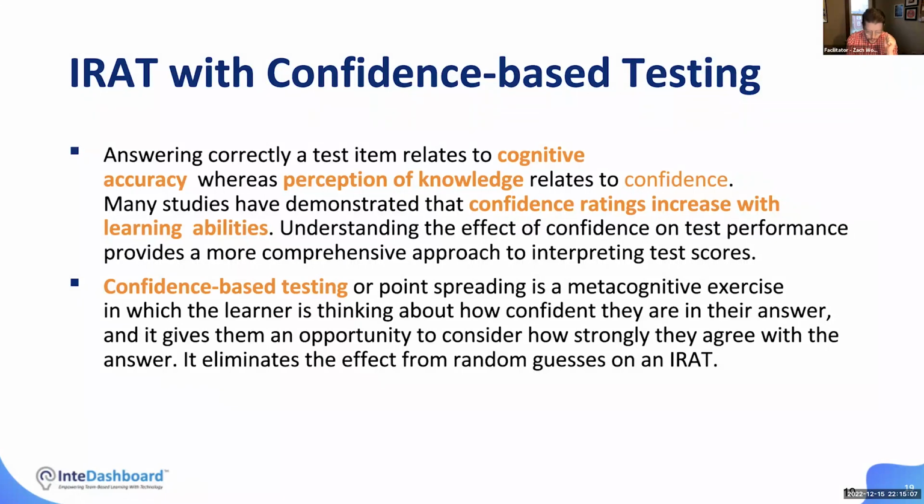Essentially, what this proposes is that we're eliminating the effect of random guesses because we should be able to see how a student rationalizes their answers within a multiple choice quiz.